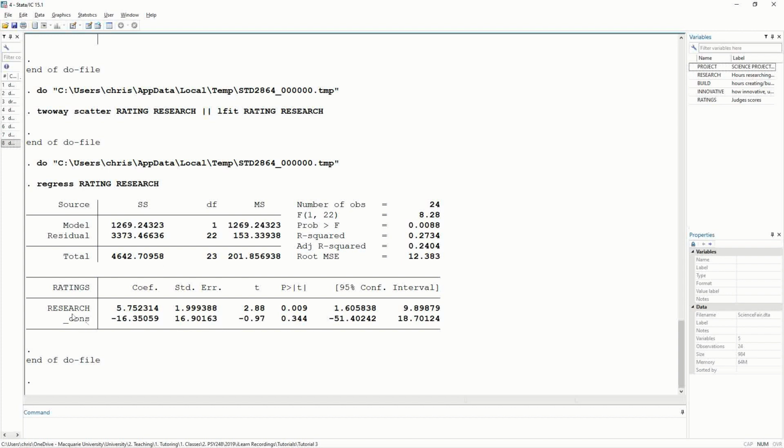Now let's move to research. The coefficient for research represents how much a rating score changes for a 1-unit increase in research. So in other words, what's the difference between the expected ratings when research equals 0, so -16, and the expected ratings if research equals 1?